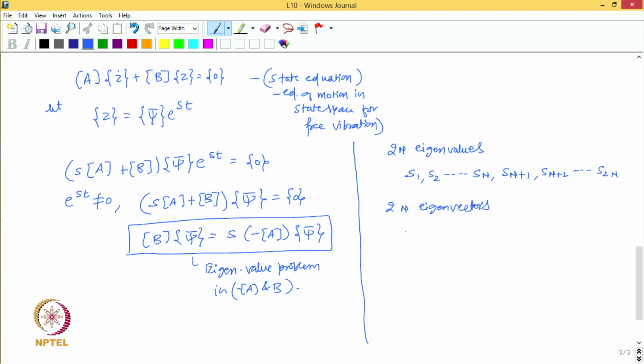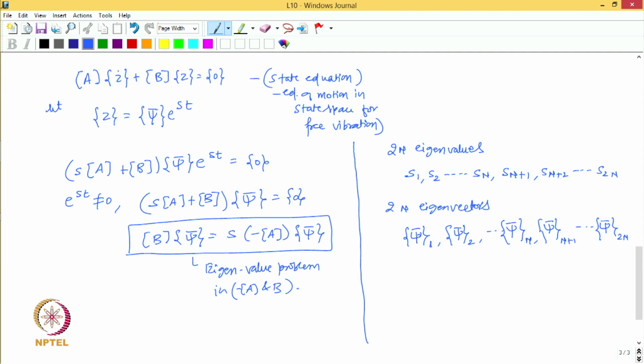and let us represent them by psi bar 1, psi bar 2 going up to psi bar n, then psi bar n plus 1 going up to psi bar 2n, right, 2n eigenvectors.